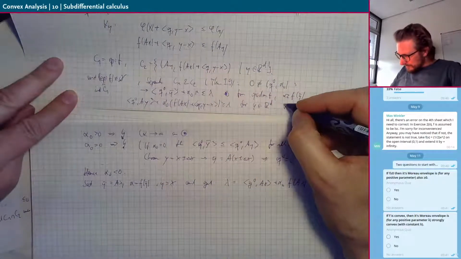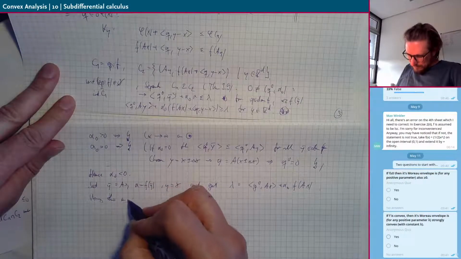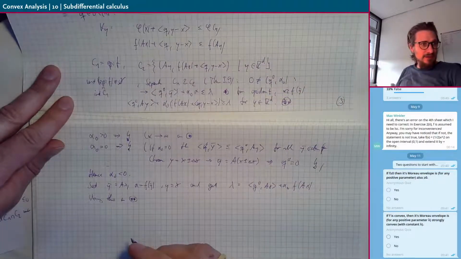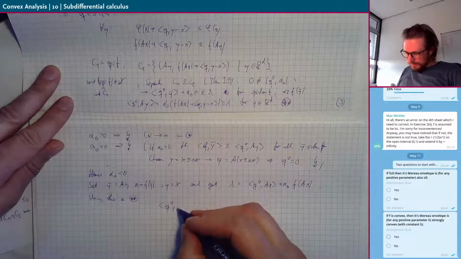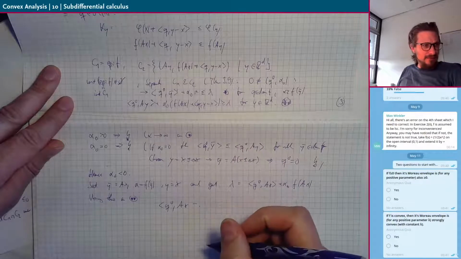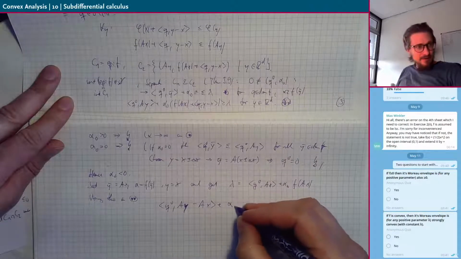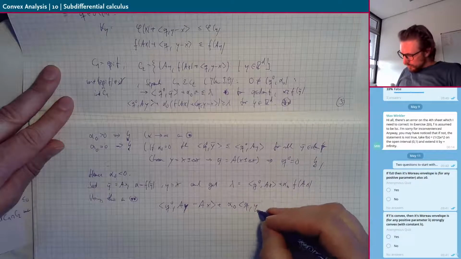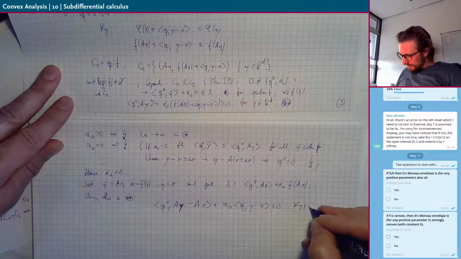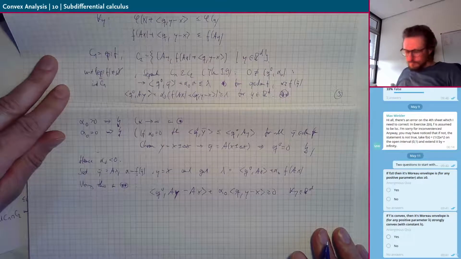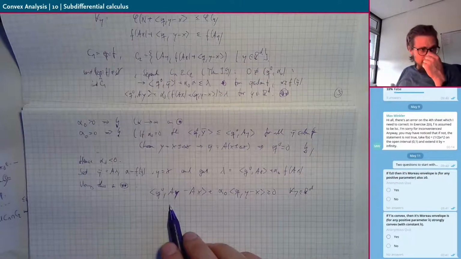Okay, this now gets 2 stars here, and now using this in 2 star in the second inequality here, we get that q0 times ay minus ax plus alpha 0 times q y minus x is larger equal 0 for all y in Rd. This is a q0, so yeah, that's correct.